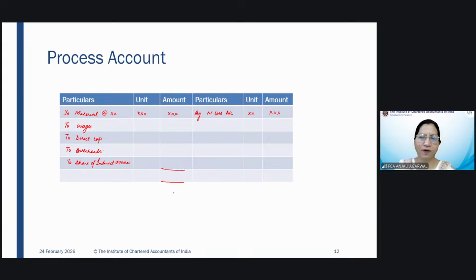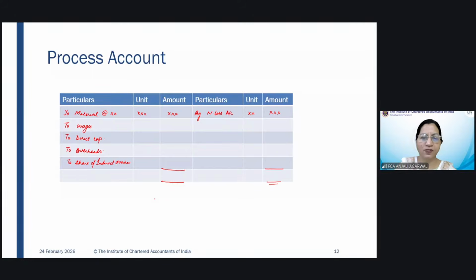So if there is abnormal loss or abnormal gain, all this information, whatever is given in the question, if you put in this account, which will be very straightforwardly given, you will have completed most of the part of your solution.